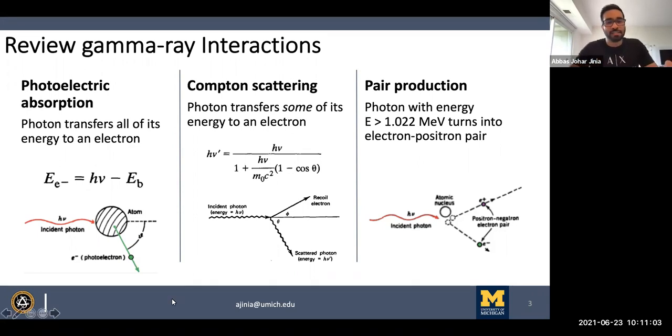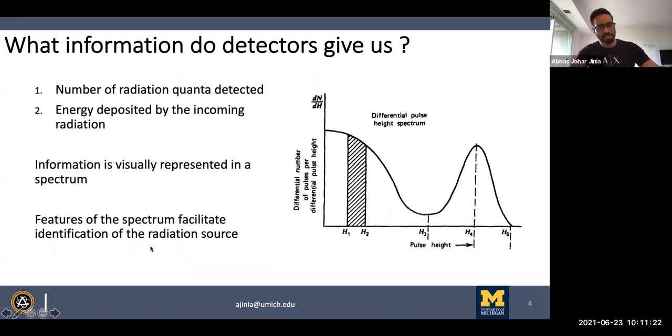So these three interactions are mainly happening in any gamma detector. So whenever we talk about gamma detectors and we look at a spectrum, these are the three interactions that are happening in the detector. So let's talk about what kind of information do detectors give us.